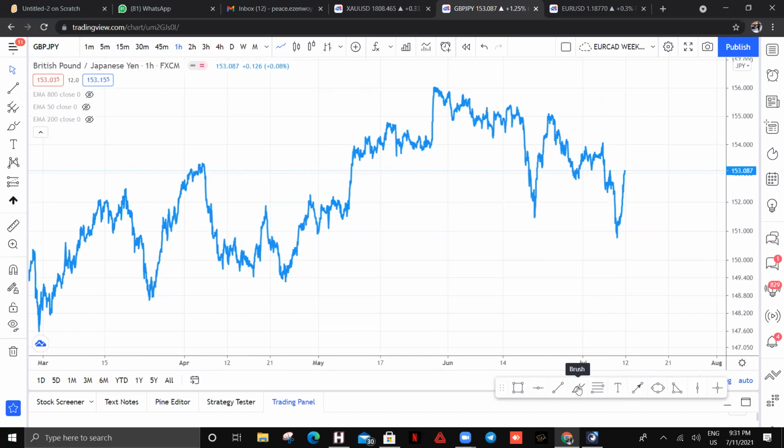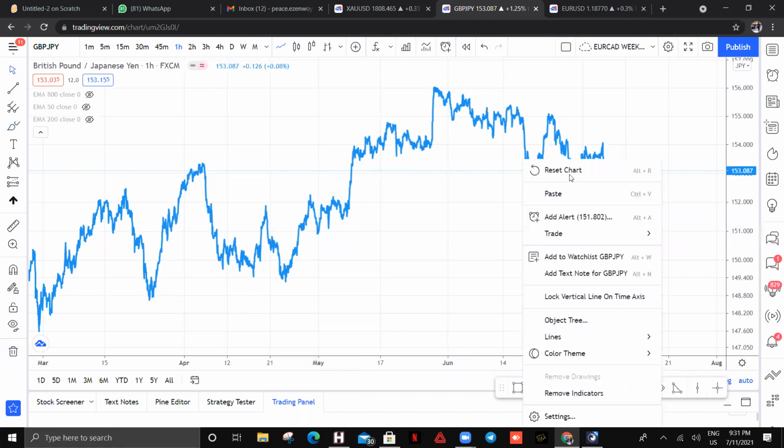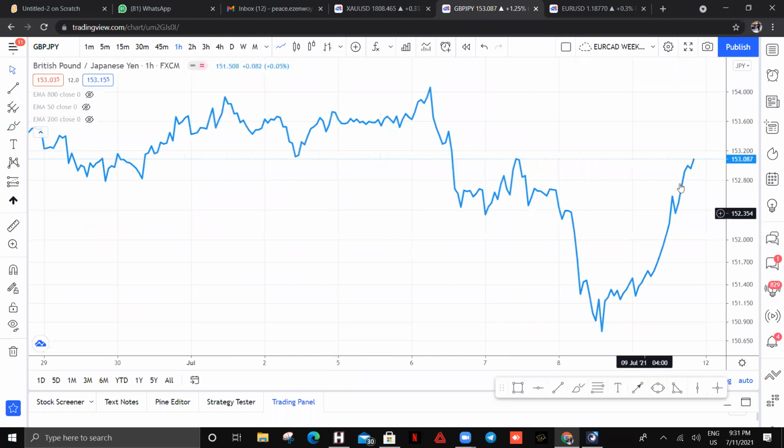Let me draw another one. You can see here, see this pullback here. Everything here, this consolidation, you can see them here. It will help you drag whatever you're dragging, so you understand, okay, this is what I'm doing, that is what I'm doing. I'm going to delete this and we'll look for one. Okay, there's one here.